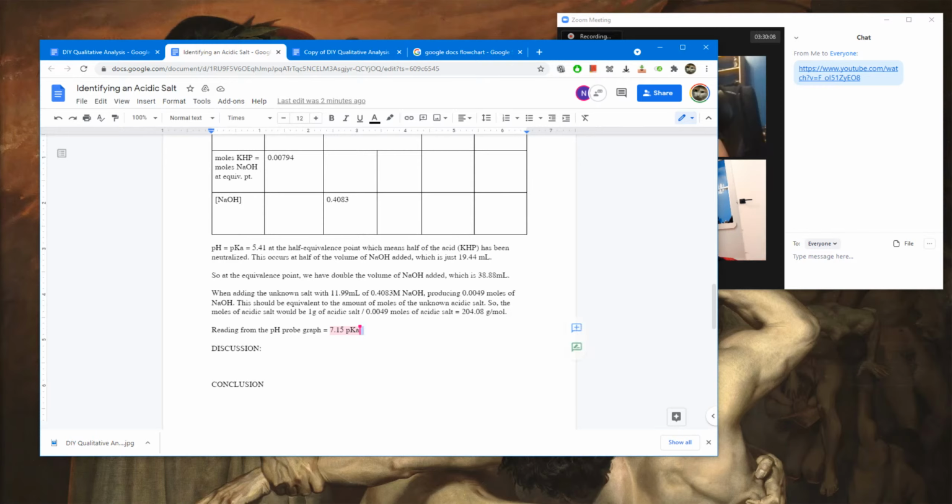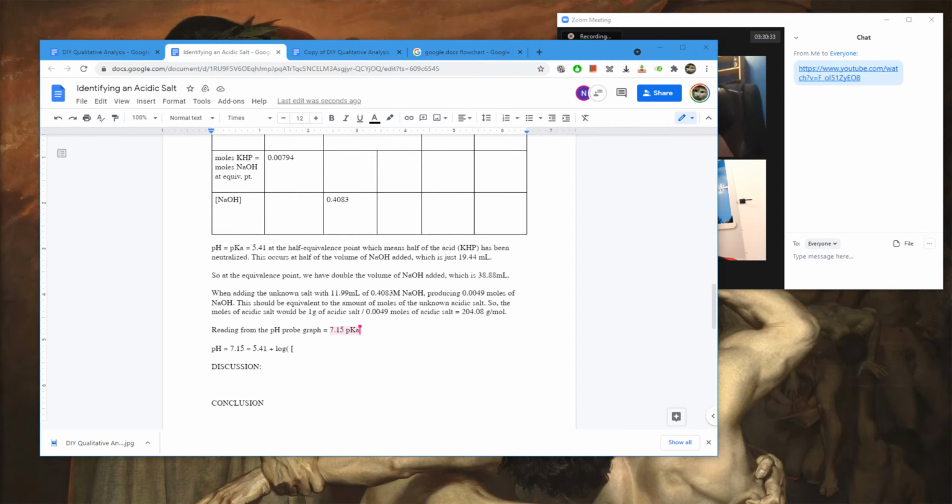So here, check it out. pH is equal to 7.15 or so, equal to 5.41 plus the log of the conjugate base to the weak acid, the concentrations of both. Basically both of them are 0.0049.